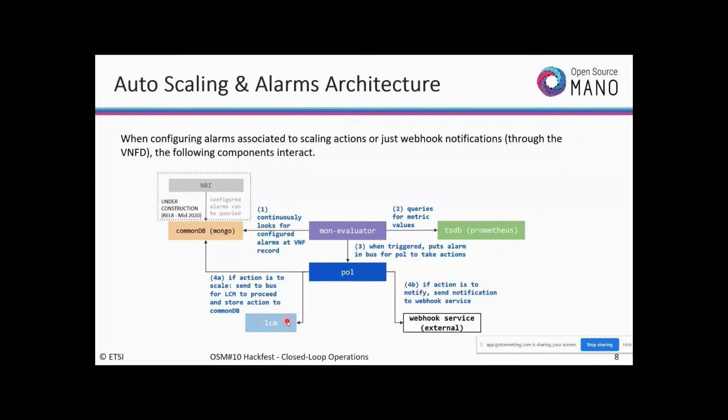So this is how you define, in the scaling group descriptor, using the scaling policy and the scaling criteria, what rule I have to use, what threshold I have to use, and how much I should scale out. For example, here I'm saying scale out by 1 to scale out the network service. Similarly, there is an alarm as well. That means if I have to alert an external system, I can define a webhook inside my alarm system as well.